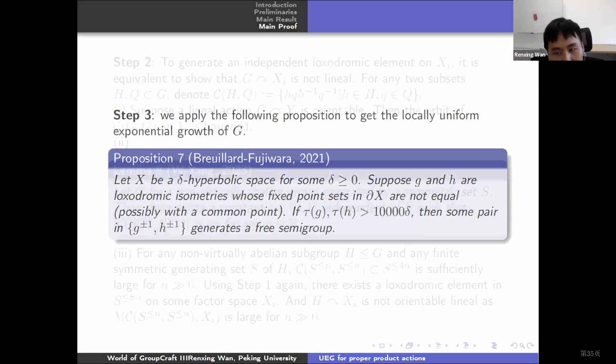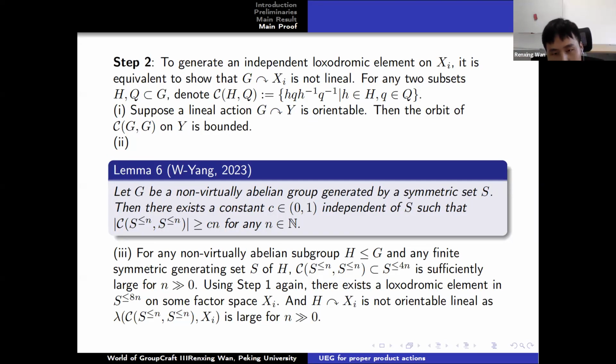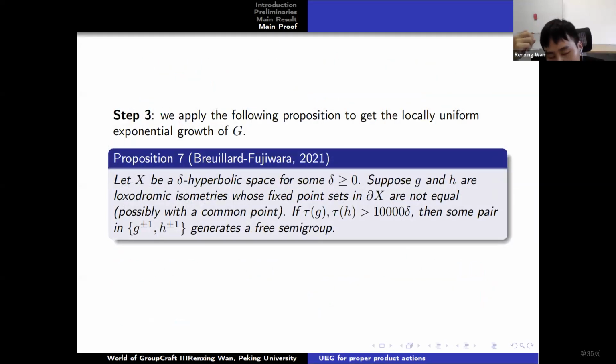So in step 2 we get the two independent loxodromic elements now. Then we can apply the following proposition to get the local uniform exponential growth. The proposition says that let X be a delta-hyperbolic space. Suppose g and h are two independent loxodromic elements.